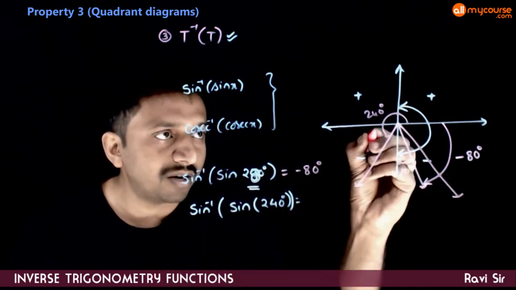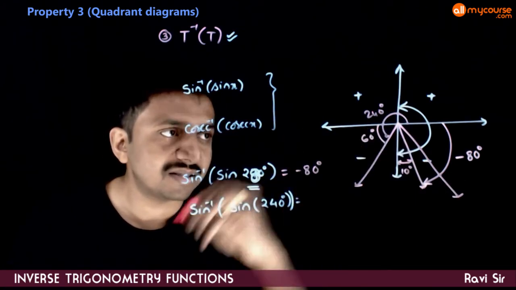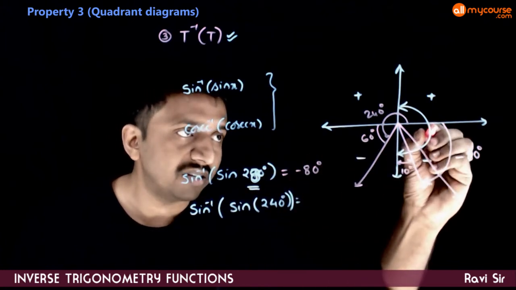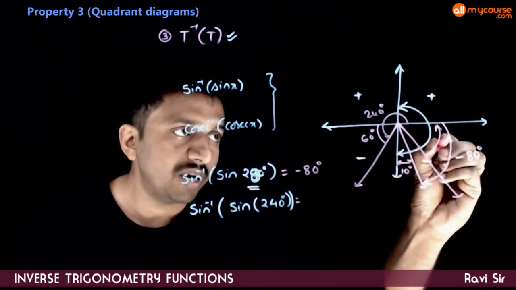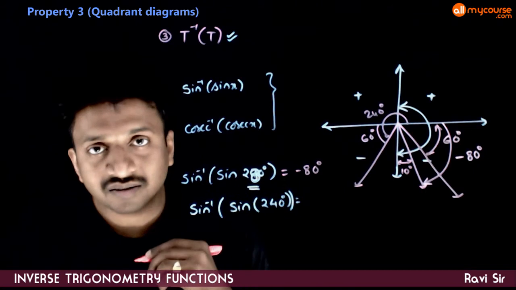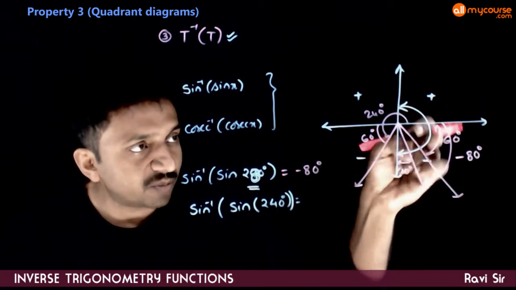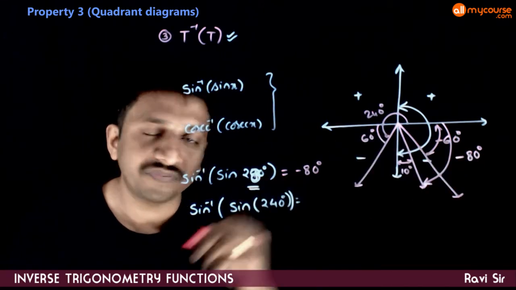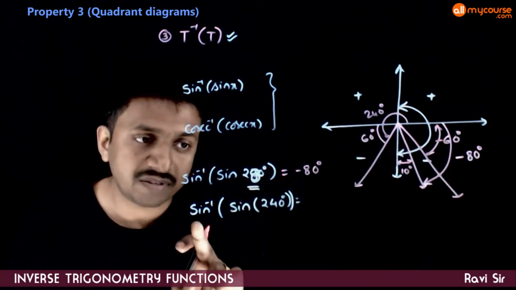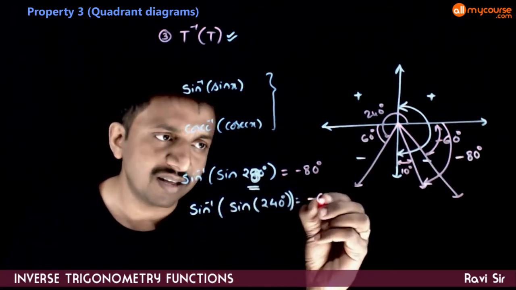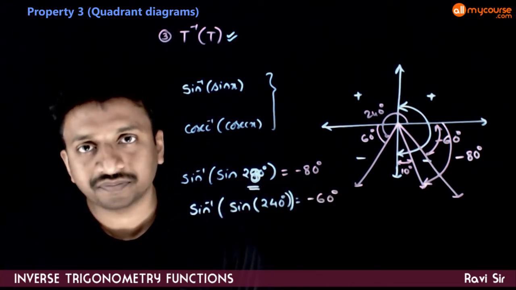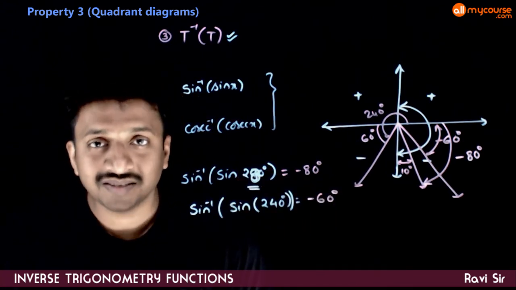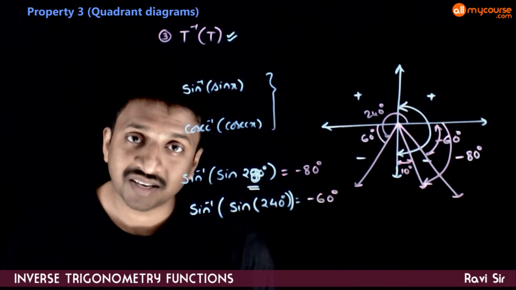If this is 240, this angle is 60 degrees. So on reflection, this angle numerically is also equal to 60 degrees. Now what is the angle corresponding to this ray in the standard convention? Minus 60 degrees. So the value of sine inverse of sine 240 is minus 60 degrees. I hope this is clear.